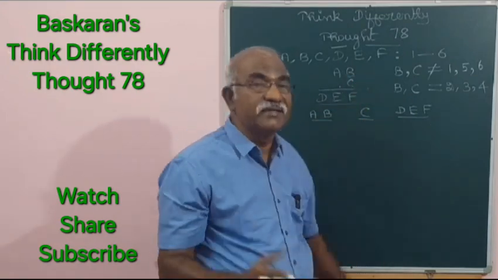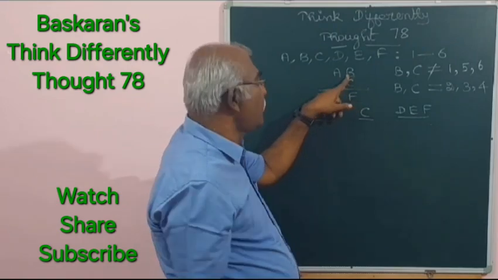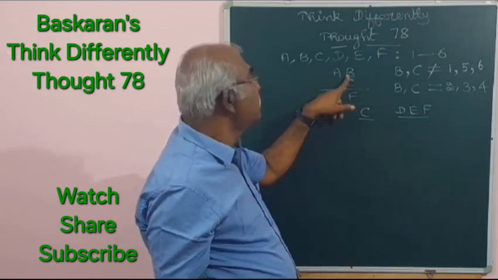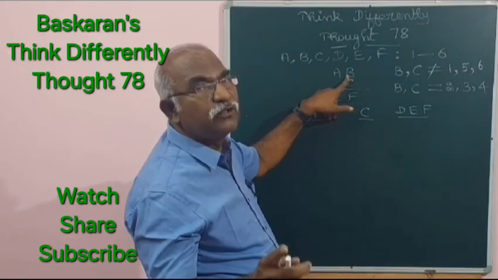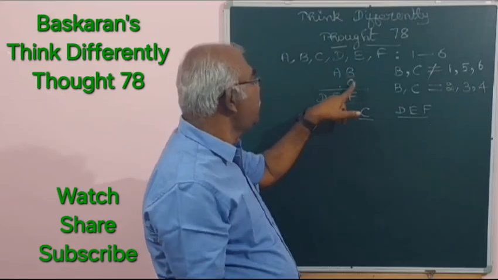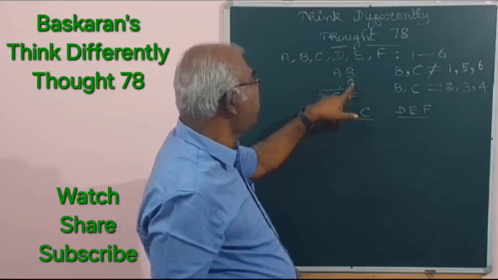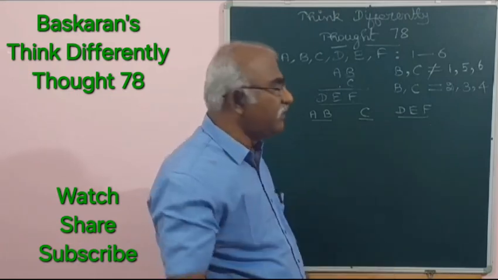Also, B and C cannot be 6. Why? If B is 6, C cannot be 1. If C is 2, then 2 into 6 will be 12, which ends with 2, which is not permitted. And if C is 3, then 3 into 6 will become 18, and 8 is not permitted.